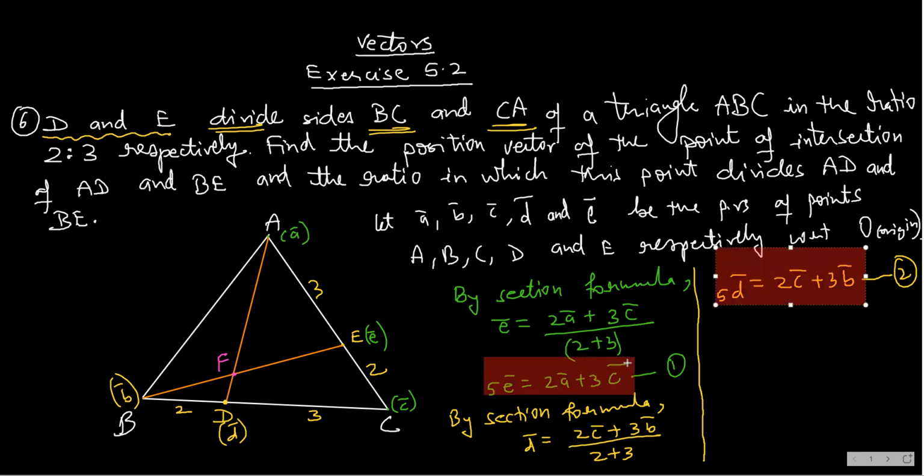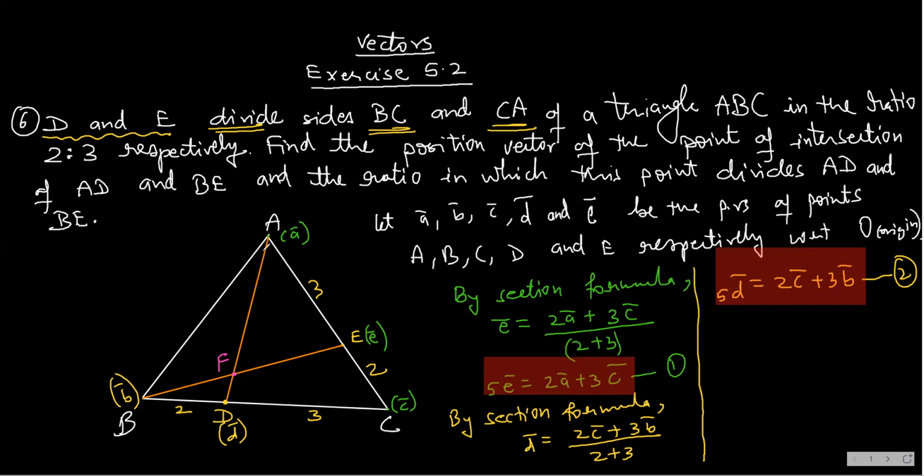From these two equations, I must try eliminating point C. Okay, point C. Because see, I want to incorporate these points, A, D, B, E, because it is F, the point F, whose position vector I want.